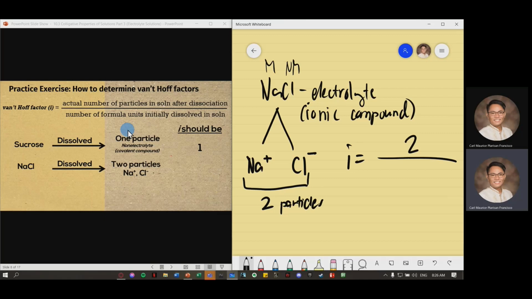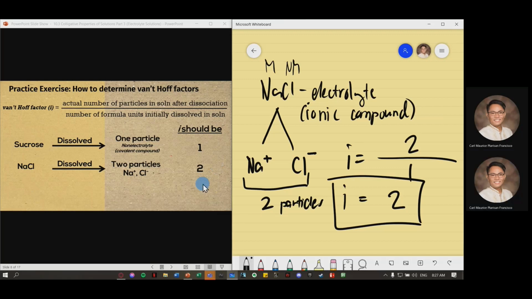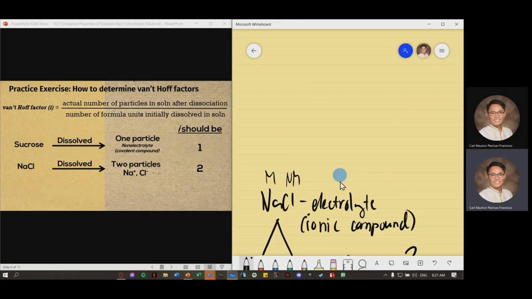Number of formula units initially dissolved. Ilan ang dinisolve? Ibig sabihin, ilan yung formula units na ating dinisolve? Oh, look at the given. NaCl. Ilan yan? Isa lang. Isa lang ang dinisolve nating NaCl. So 1. i is equal to 2 over 1 or 2. The Van't Hoff factor for your NaCl is 2. Ganun lang. Ganun siya kadali.